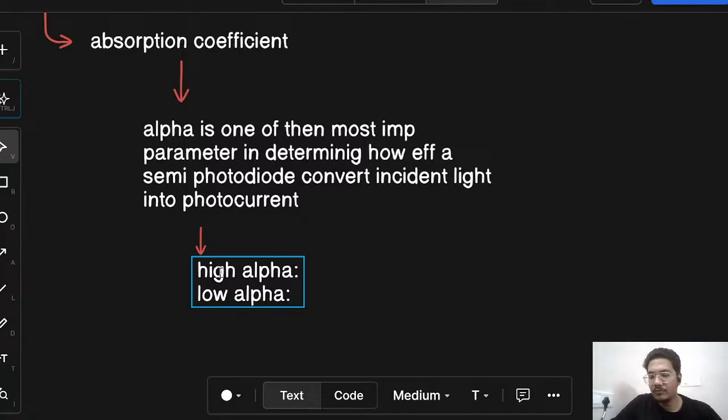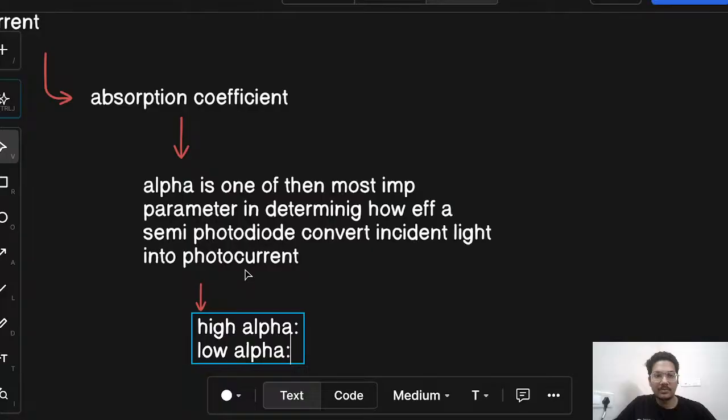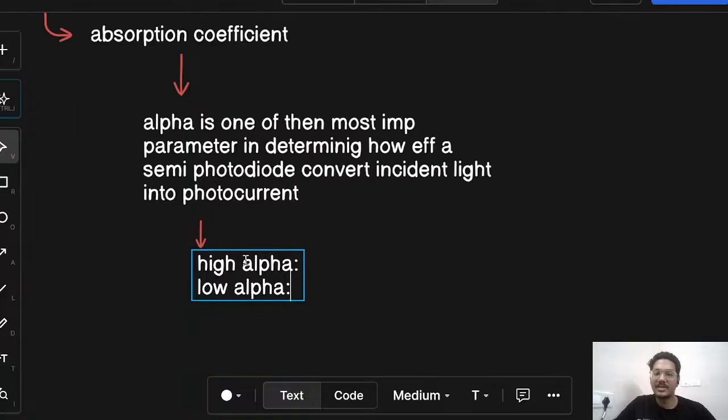Low alpha means weak absorption, and photons penetrate deeper. Since a photodiode relies on photon absorption to generate current, absorption directly influences sensitivity and responsivity.